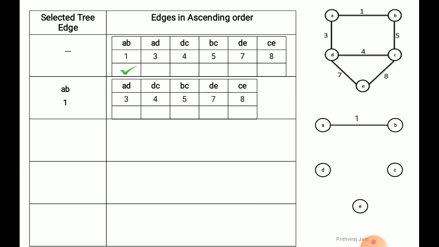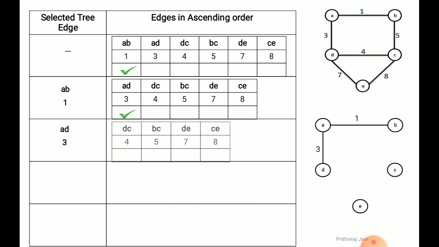As per step 3, we repeat step 2 until there are v minus 1 edges in the spanning tree. Now the edge with the minimum cost is AD. We check whether it forms any cycle in the spanning tree. It will not form any cycle, so we can select this edge. So AD is our next selected edge, and we write down the remaining edges.